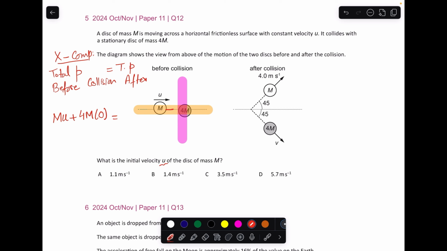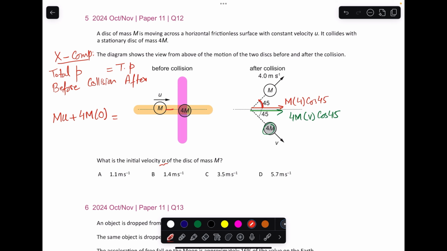After collision, if you have to find the component, this will be mass into the velocity. The velocity is v and it will be cos 45. It will be taken as cos because this component is attached with the theta. And this will be the component of this mass. So mass is 4m into velocity v, it will be cos 45. They both are in the same direction, so they will be added up.